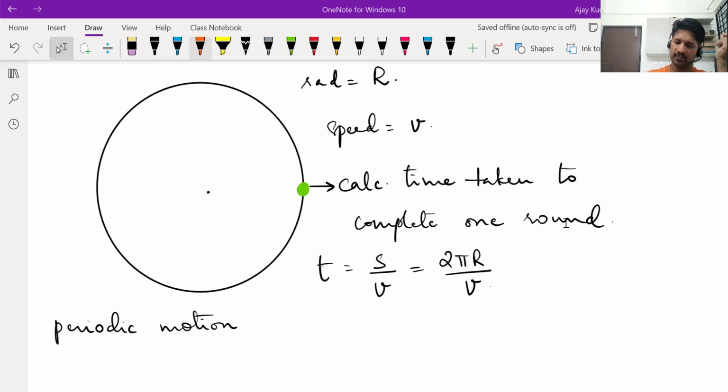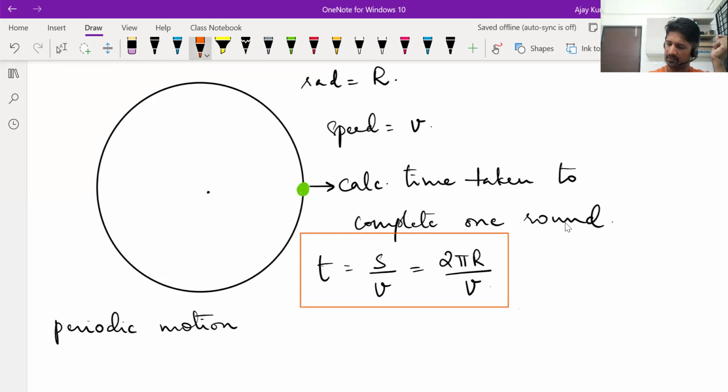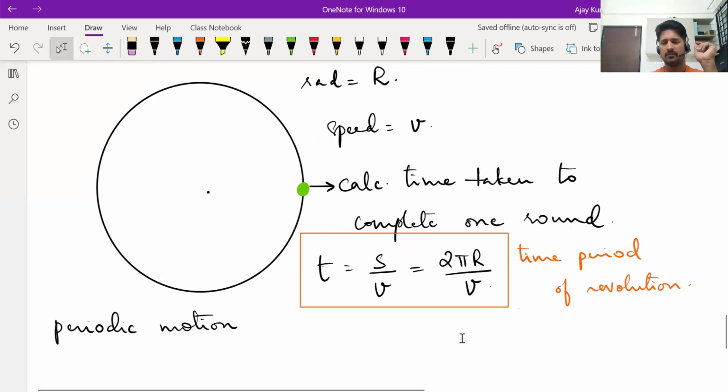So this time that it takes to complete one circle is called the time period of revolution. After every interval of 2 pi r by v, the object comes back to that place and starts the next round.